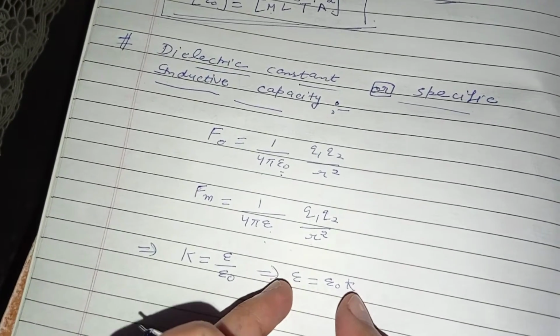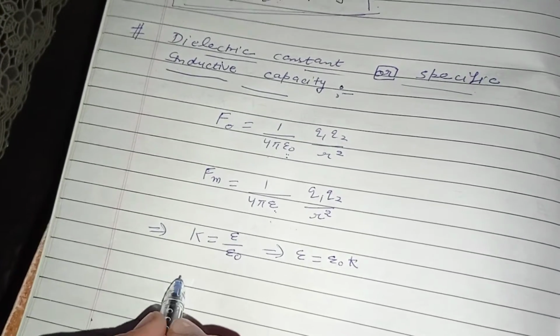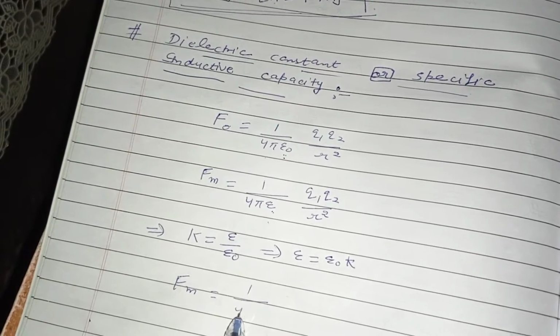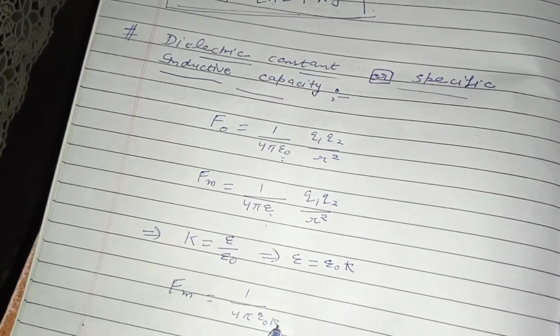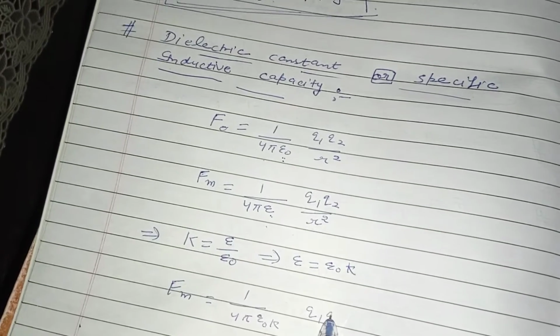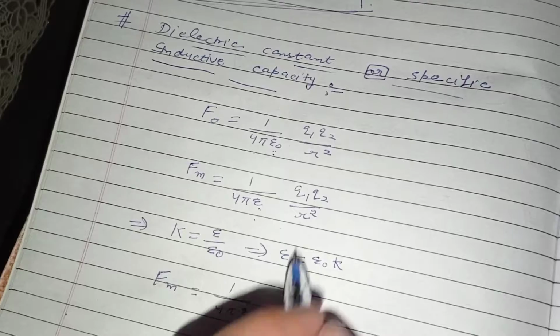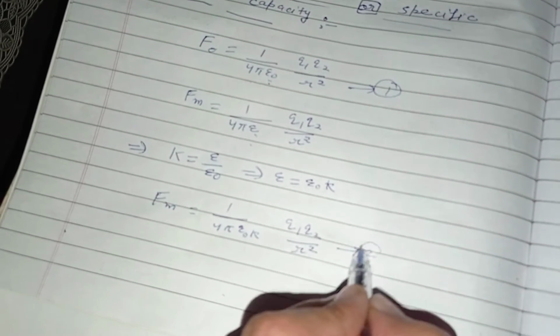Putting this in, Fm is equal to 1 by 4 pi epsilon naught k q1 q2 over r square. This was equation number 1. This is equation number 2.